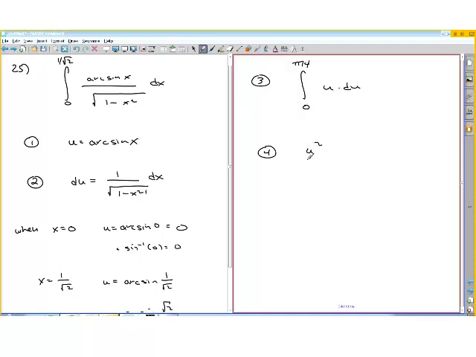So you get u squared over 2, and you evaluate that between 0 and pi over 4. 0 squared is 0, so all you have to do is evaluate it at the upper limit. So you end up with pi over 4 squared minus 0 squared, and so you get pi squared over 16.